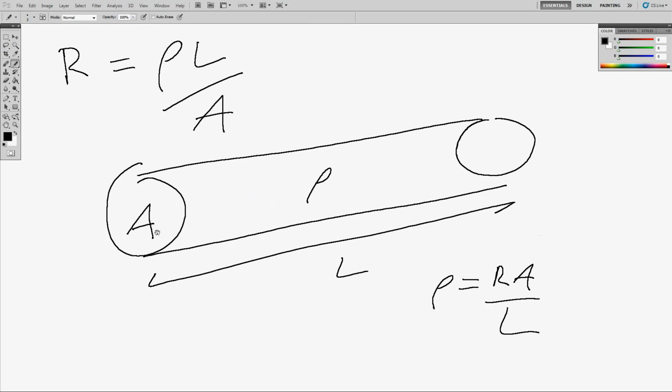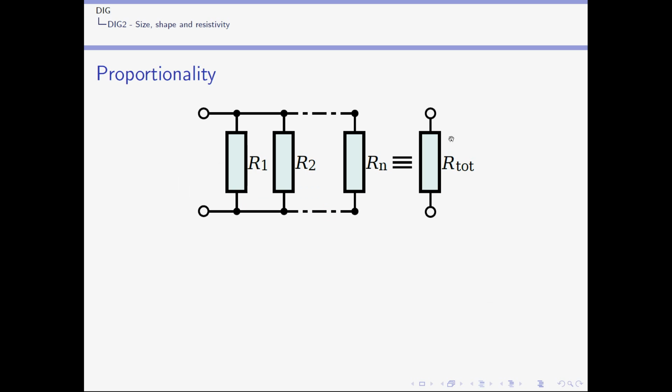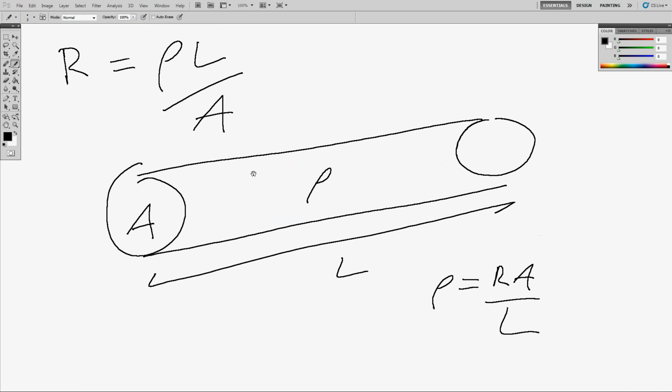So if we imagine this one had some cross-sectional area, and then we added a bit more cross-sectional area here and a bit more cross-sectional area here, you can see what we're doing is we're increasing the cross-sectional area, and a higher cross-sectional area means a lower resistance, so resistance and cross-sectional area are inversely proportional. And so this is why the resistance falls when we combine a whole bunch of resistors in parallel instead of series.